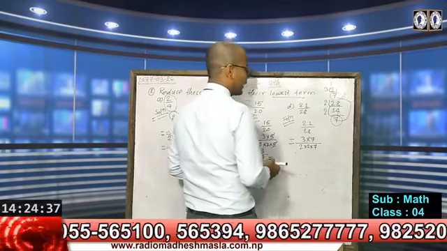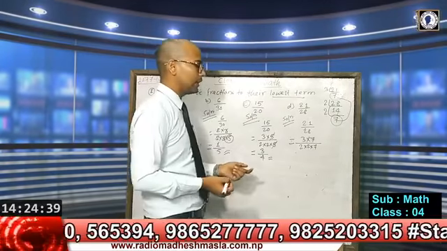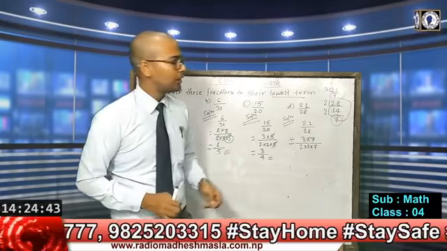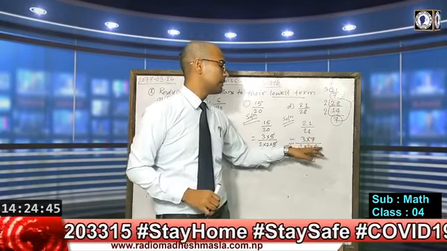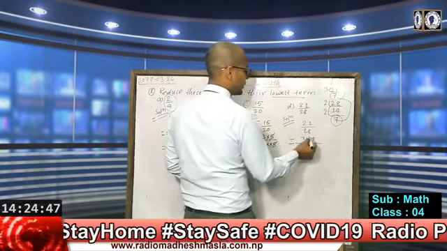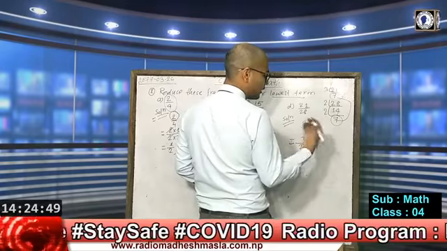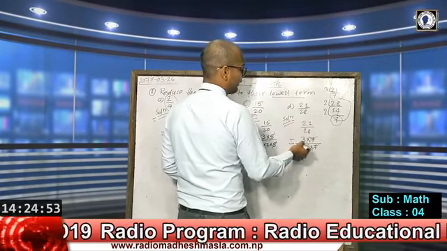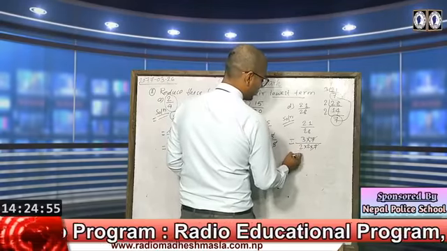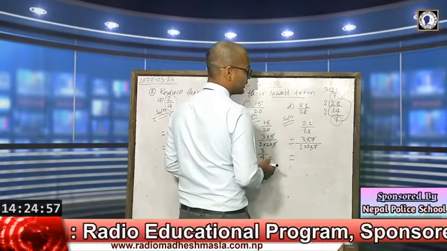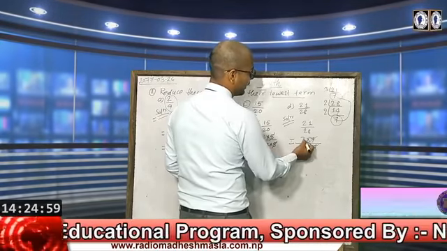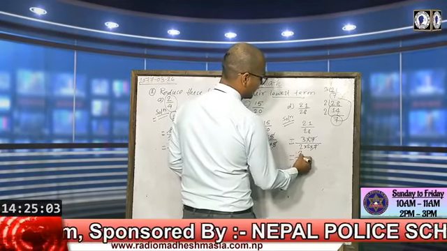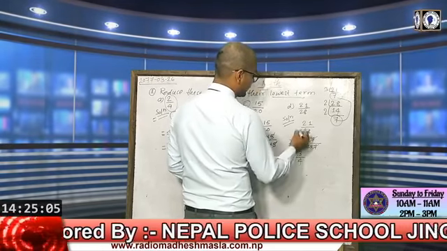Then we should cancel the common numbers or the common factors from them. Here the highest common factor is 7. So we cancel the highest common factors, all the factors common to the numerator and denominator, and then we write the remaining non-common numbers. Here the numerator is 3 and the denominator is 2 into 2.